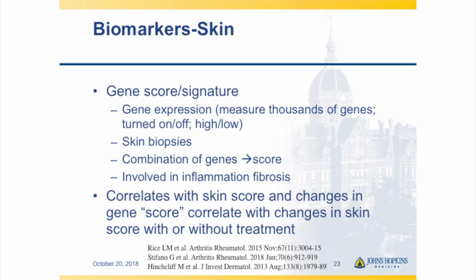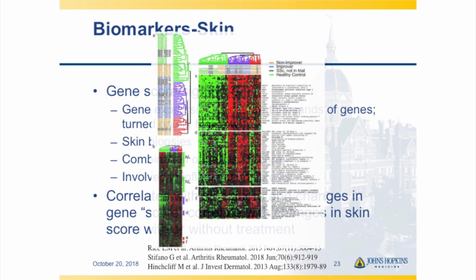And you already saw that in one of the clinical trials that Dr. Benton presented, that these may be early indicators of what might be happening with the skin before we can see it, before the skin score is changing. So this correlates with skin score, and changes in this gene score seem to correlate with changes in the skin score both with and without treatment. So that suggests that this might be actually a very useful strategy.